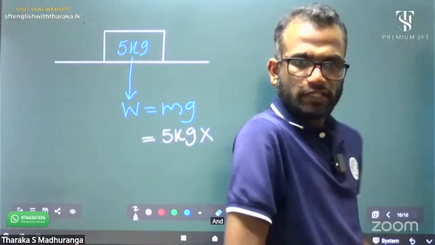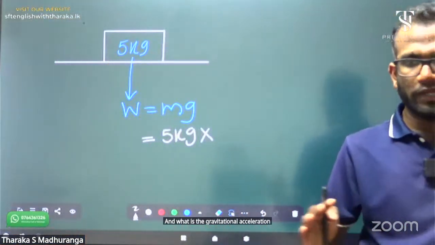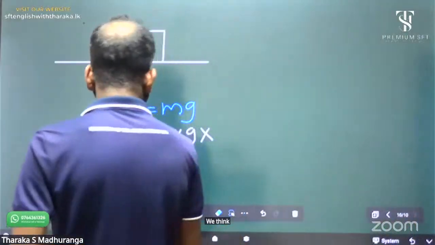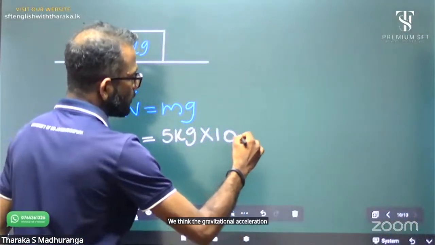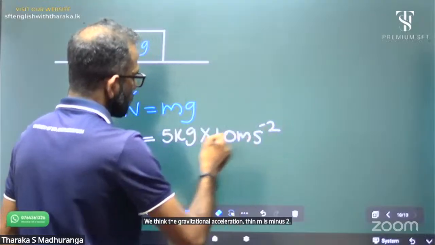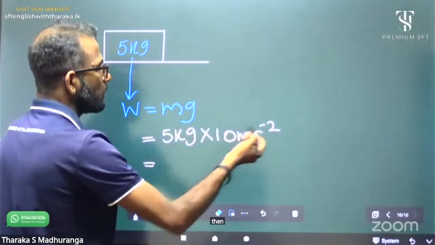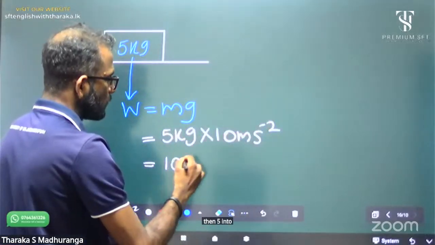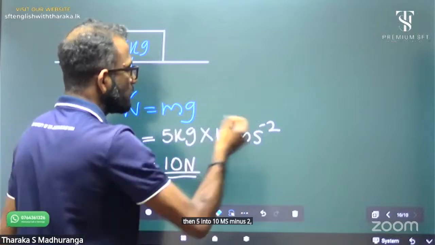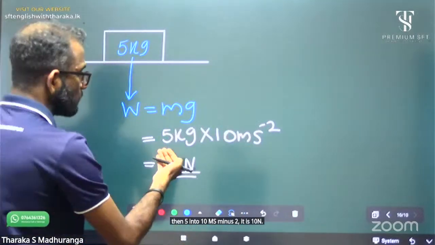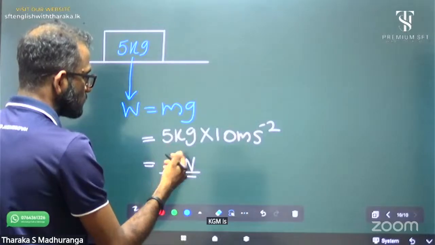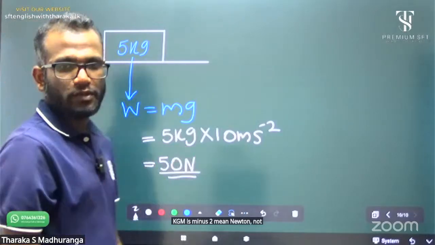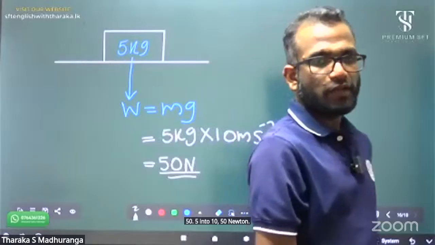And what is the gravitational acceleration? For easy calculation, normally we think the gravitational acceleration is 10 m s^-2. Then 5 into 10 m s^-2, kg m s^-2 means Newton, not 10, 50. 5 into 10, 50 Newton.